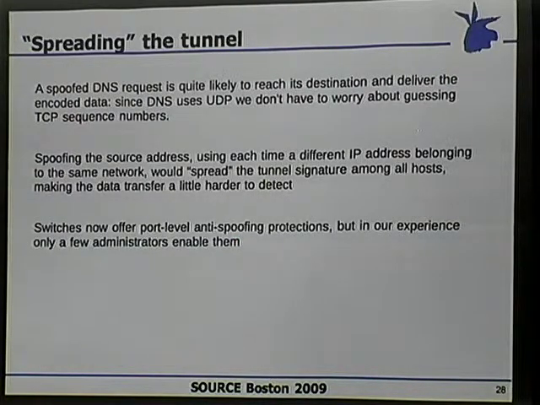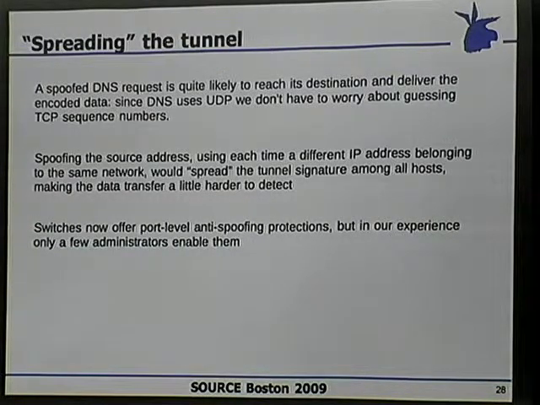How about spoofing? I mean, we are dealing with DNS. DNS requests are usually performed over UDP, except for zone transfer, unless you really decide that you want to use TCP. But we can use UDP. With UDP, we don't have to mess with sequence numbers. We don't have to do any guessing work. We can just easily spoof packets, each time using a different IP address belonging to the same network.